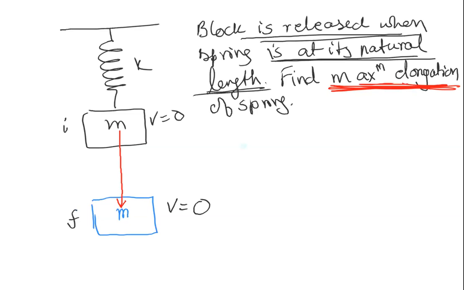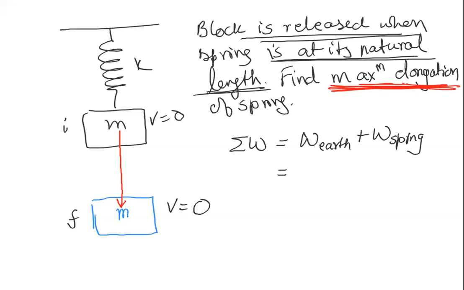Now I need to figure out what is the work done on the system. Who is doing the work? Well, Earth is doing the work, definitely, because the block is coming down. And the spring is connected to the block, so the spring is doing work on the block, right?